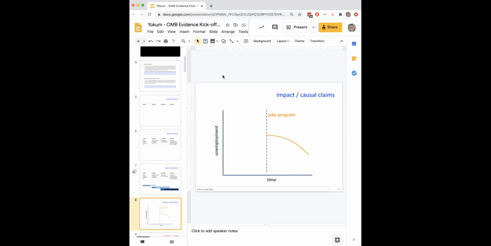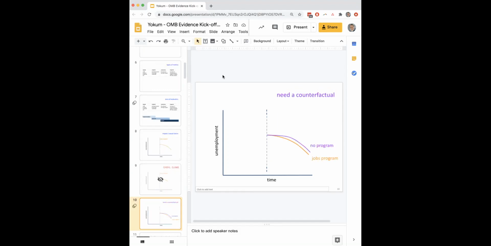The trickiness on this is that you really need a strong counterfactual to make a claim like that. And what I mean quite simply is some way of clearly thinking about what would have happened had you not done the jobs training program in the first place? What would unemployment have looked like had you not had the jobs program?